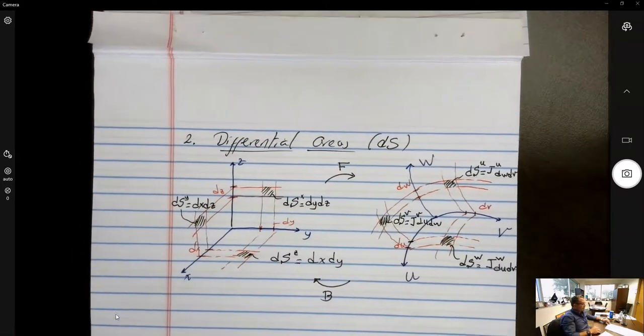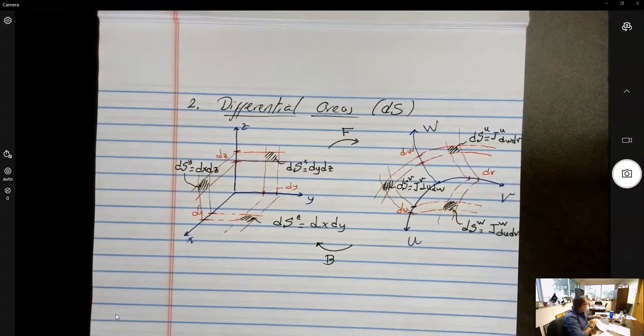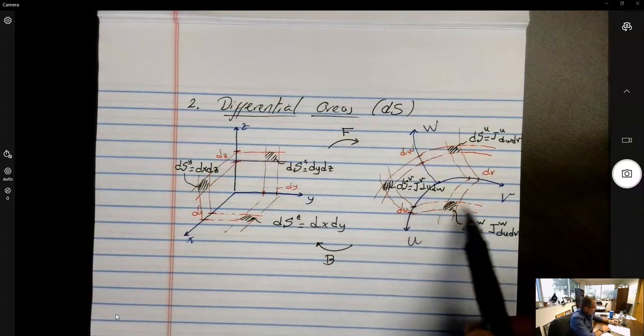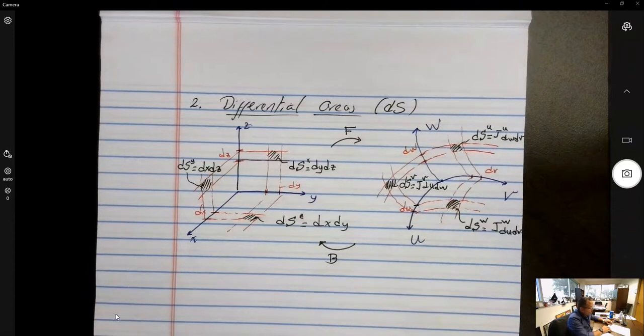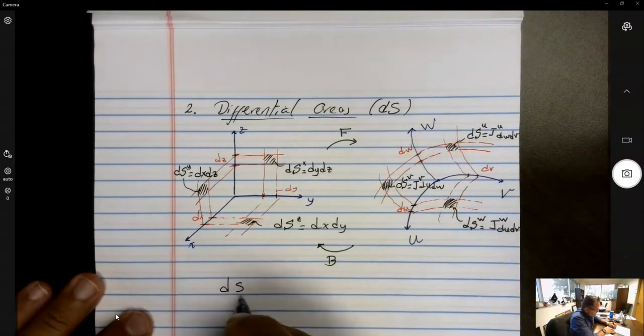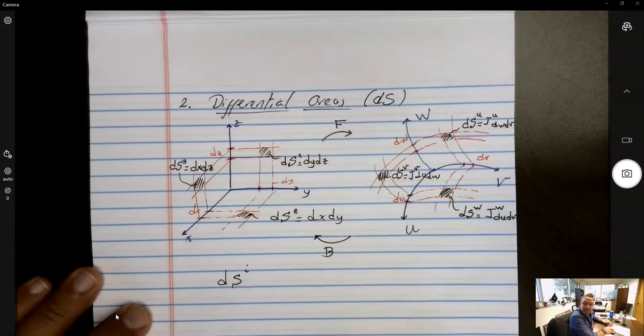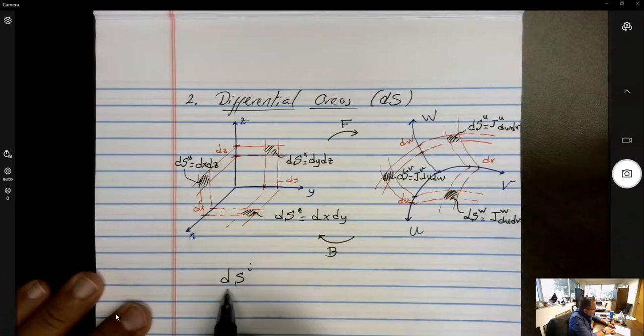Okay, so that's the meaning of the Jacobian. It's essentially a scale or conversion factor that turns your area into equivalent terms of the two components that make up that area. So the ith differential surface, and when I say the ith differential surface, it is a differential surface on the plane that is perpendicular to the first axis, the second axis, or the third axis.